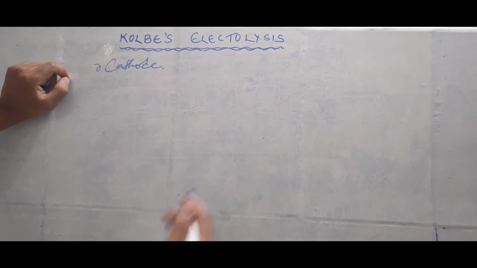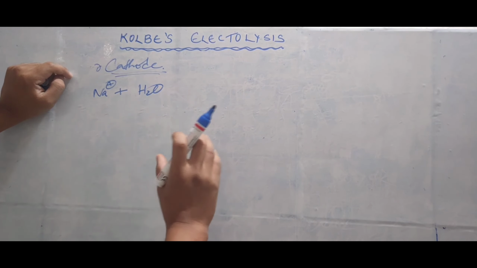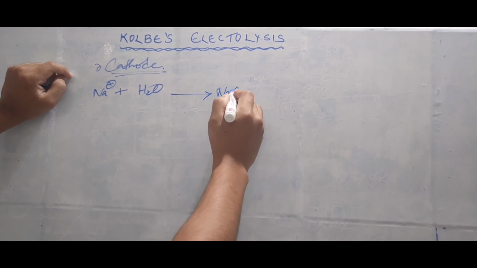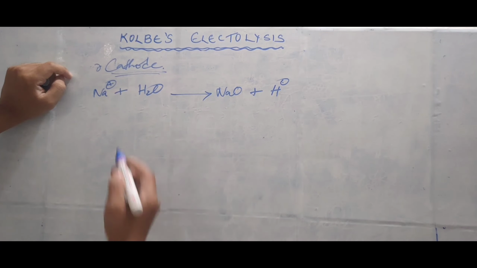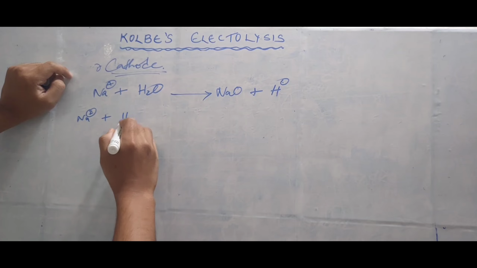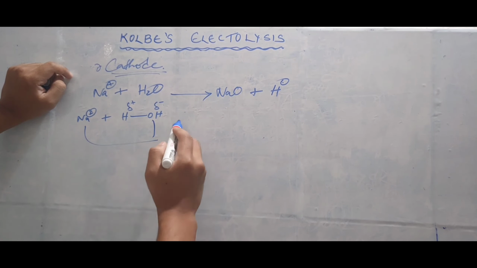Now let us see what reactions occur at the cathode side. At the cathode side, the Na+ which was liberated from RCOONa, with the help of H2O, gets converted into NaOH and H+.